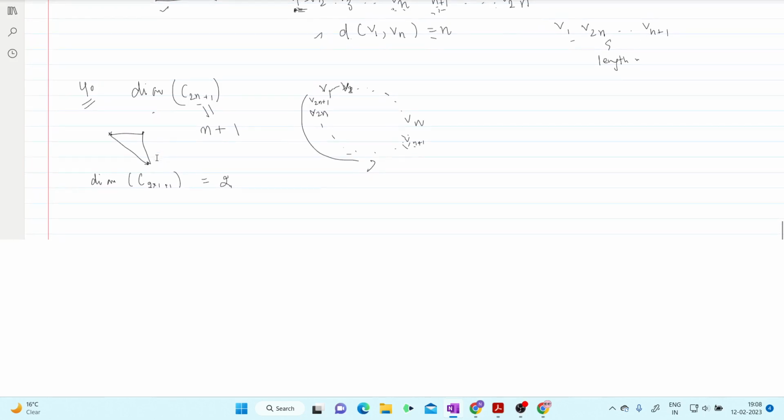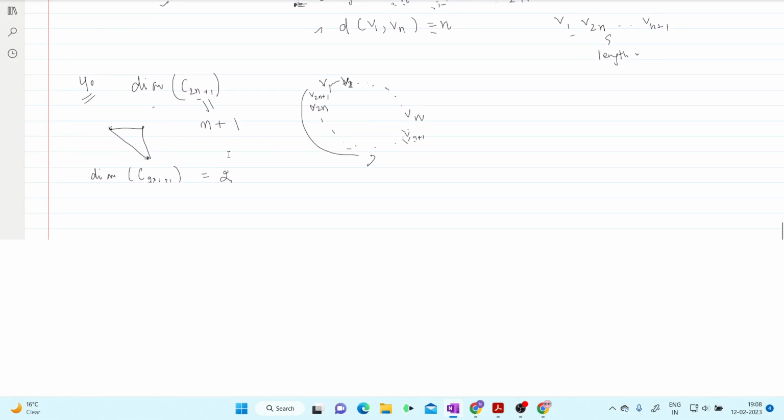No, I guess the diameter of C5 is 2. What is the diameter of C5? Three? See, C5 has V1, V2, V3, V4.